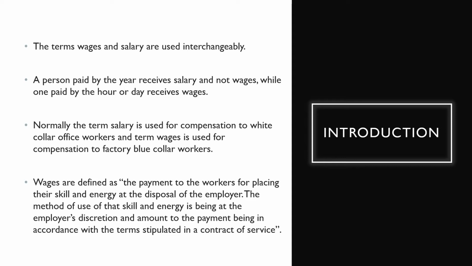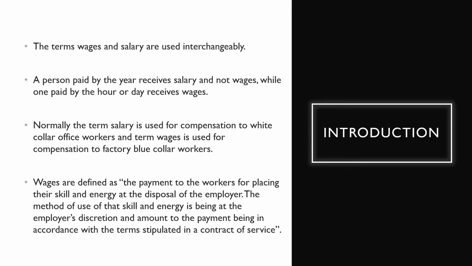However, according to one definition, wages can be defined as the payment to the workers for placing their skill and energy at the disposal of the employer. So for the employer, all the skills and energy being put into the work, whatever payment is made for that work, we can generally consider as the wage.